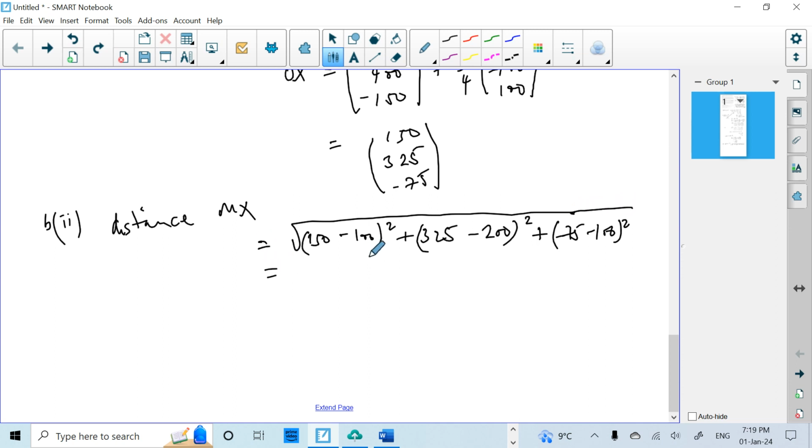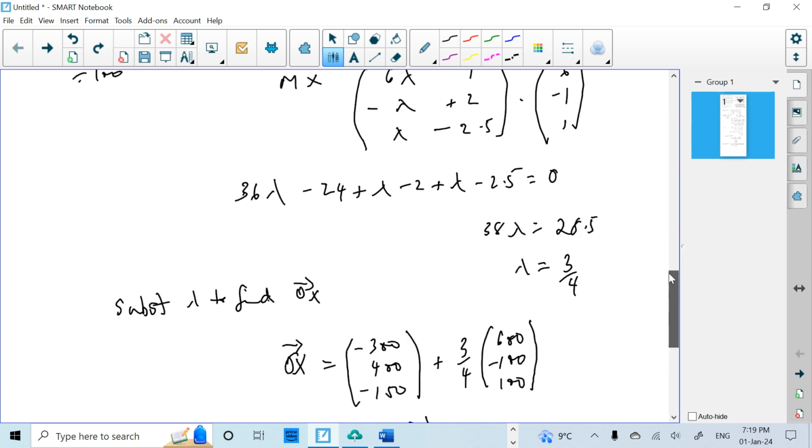And that will give you 220.8 meters. So that's the distance mx.